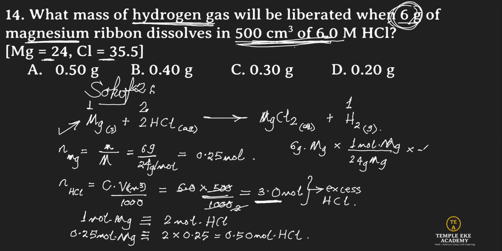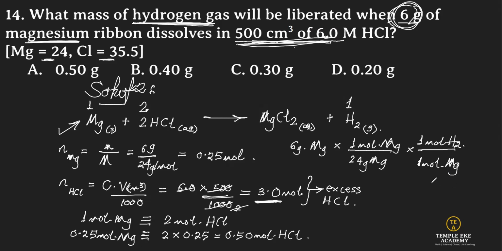So the target is once again the denominator. 1 mole of magnesium produces 1 mole of hydrogen gas, as we have seen. So we go straight, 1 mole of magnesium reacts with 1 mole of hydrogen gas.